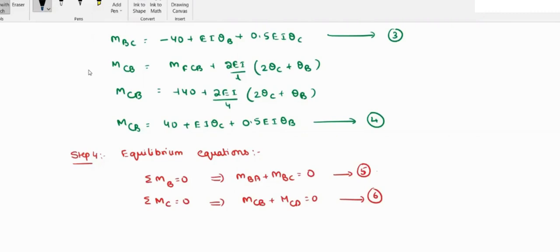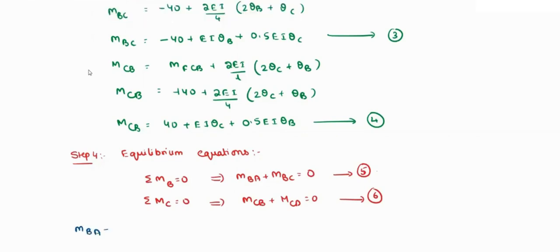So first is MBA plus MBC. So what is your MBA equation? So MBA equation will be equal to 60 plus 4 by 3 EI into theta B. Okay. So MBC equation is minus 40 plus EI into theta B plus 0.5 into EI into theta C will be equal to 0.